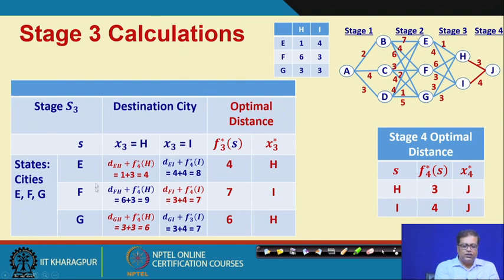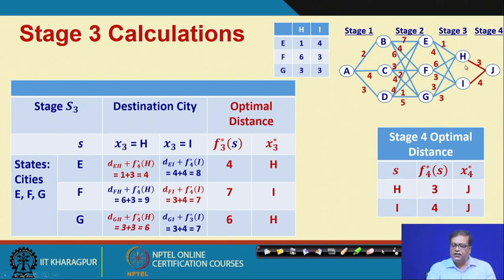So, all these computations we have to do, right, but please understand the good thing that is happening, we are making calculations only between a given stage of cities to another set of cities in the stage only, right. We do not have to go beyond, that is the advantage that we have.